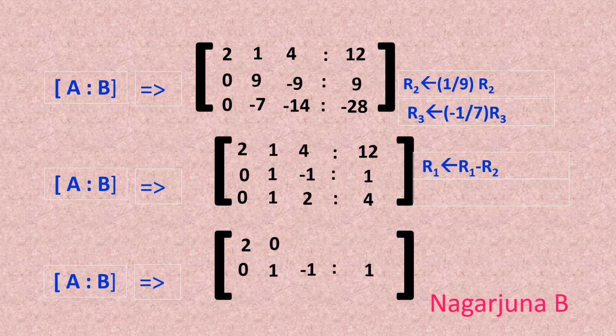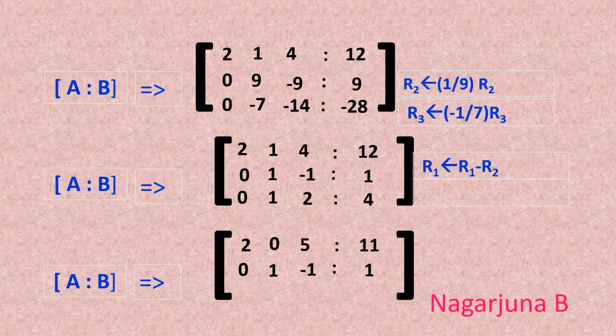Minus 1 into minus 1 will be plus 1. 4 plus 1 will be equal to 5. Colon. Fourth element of R1 is 12 minus 1 into fourth element of R2 is 1. Minus 1 into 1 will be minus 1. 12 minus 1, 11.